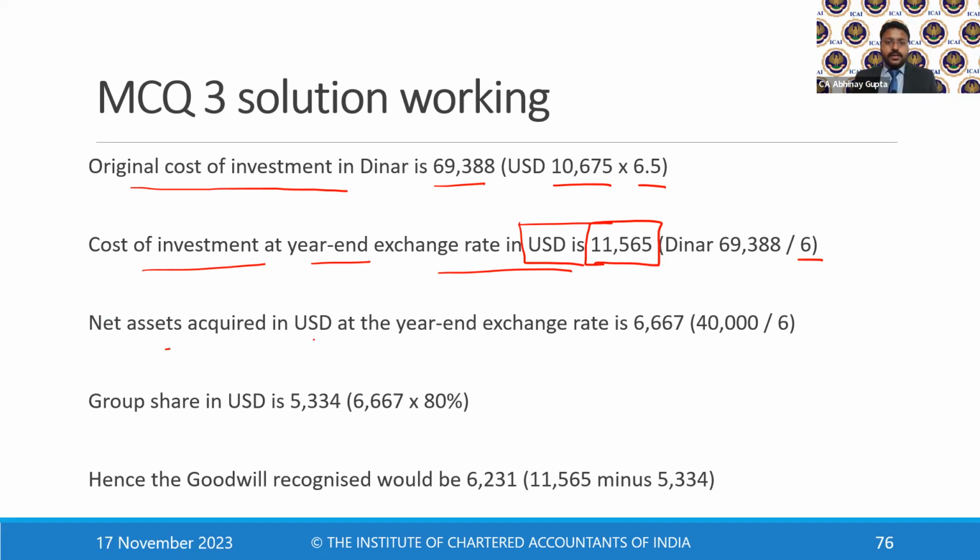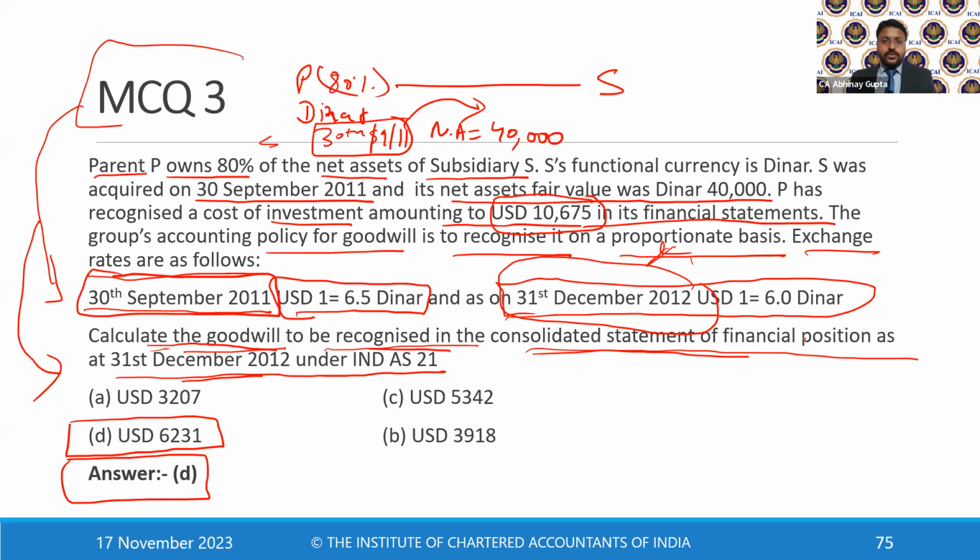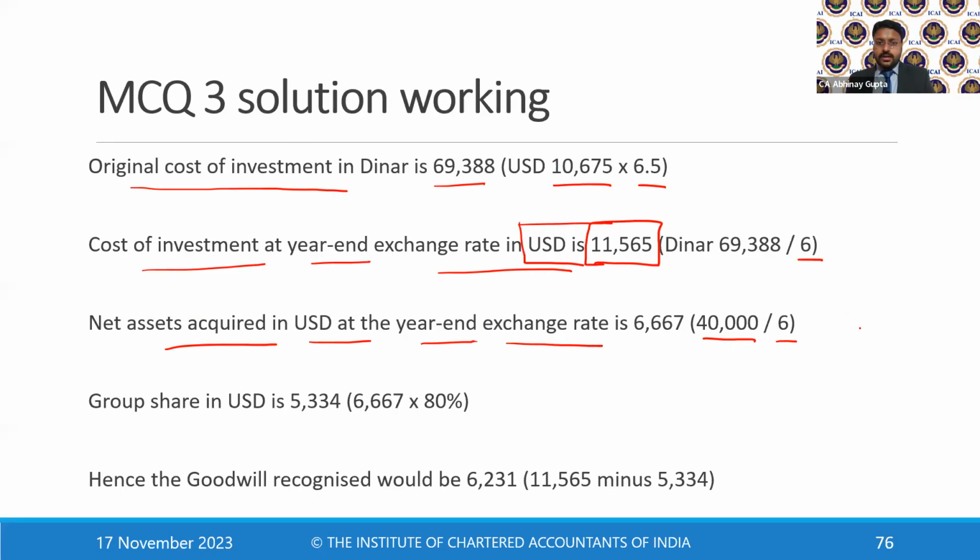Now, net assets acquired in USD at the year end exchange rate is how much? 40,000 divided by 6. 40,000 is given in the question. That is the fair value of the net assets on the date of acquisition, divided by 6. 6 is the rate at the year end. So 666 and 7 is the USD amount of net assets on the closing reporting date.